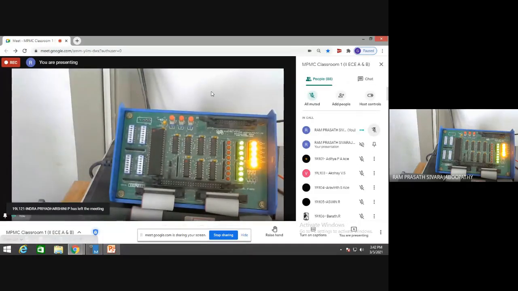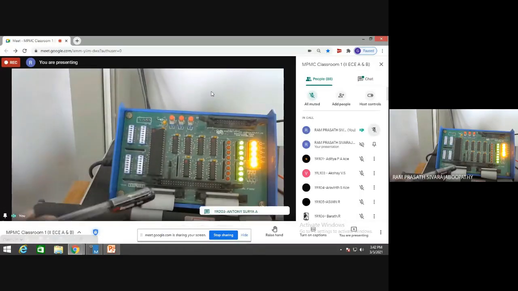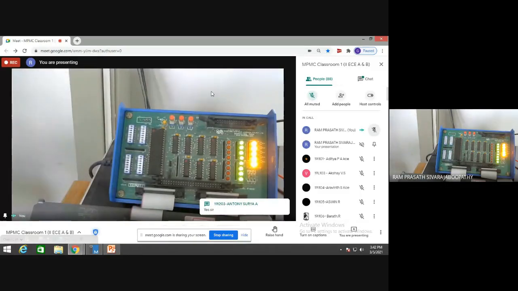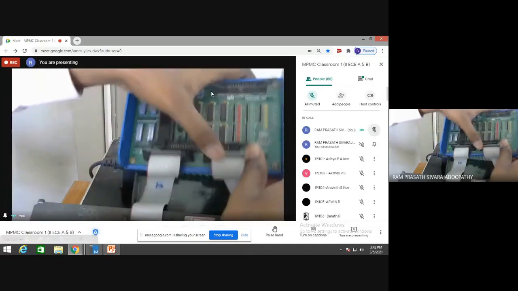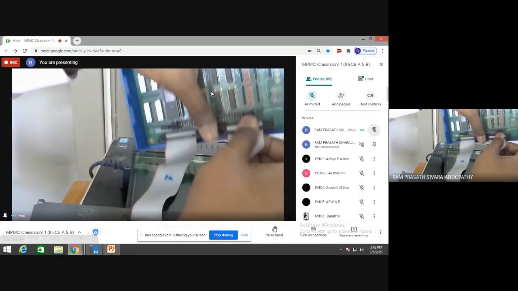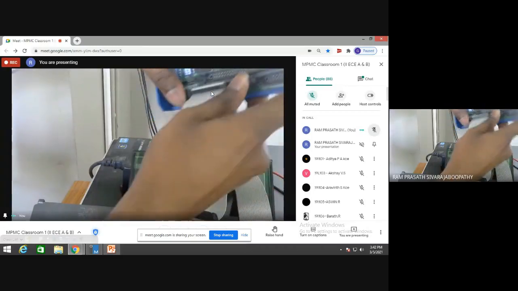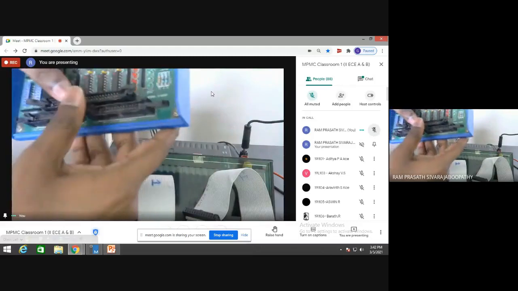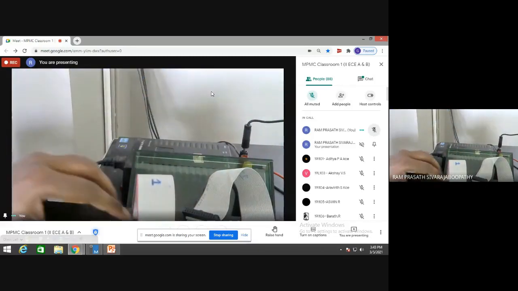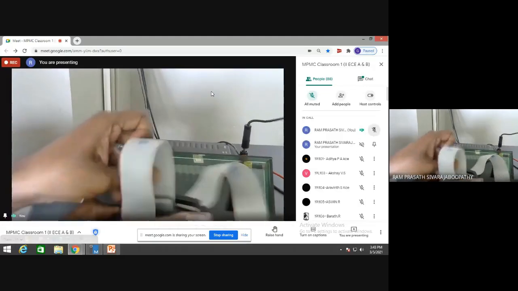Yes. So this is the 8255 IC, correct? This is the 8255 IC. Okay. Then here we have two connectors. Wait a minute. I will remove and show you. Okay, fine.